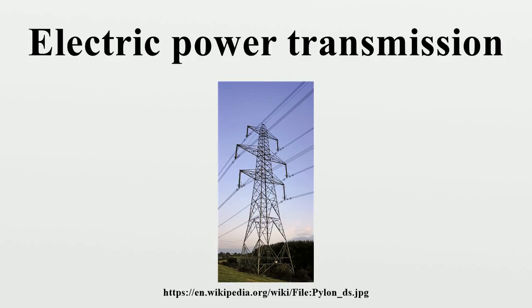In 1886, in Great Barrington, Massachusetts, a 1 kV alternating current distribution system was installed, featuring both step-up and step-down transformers and resorting also to European technology.